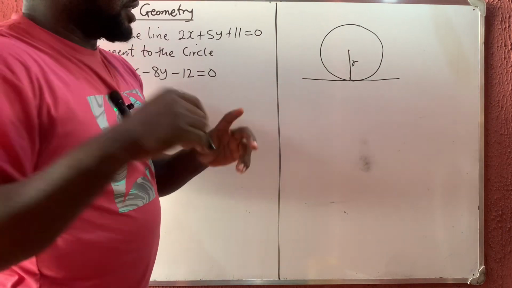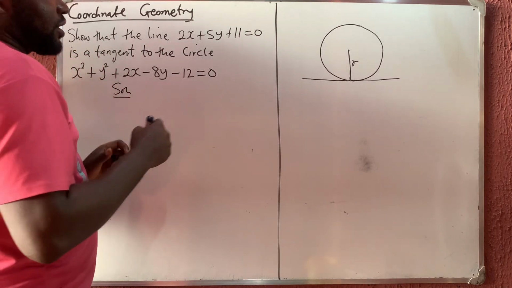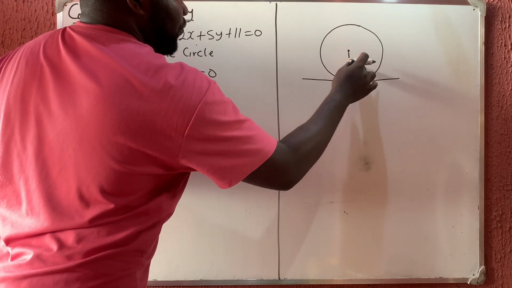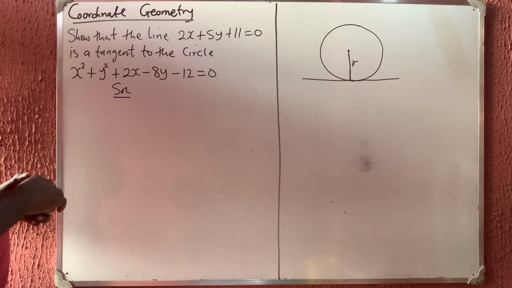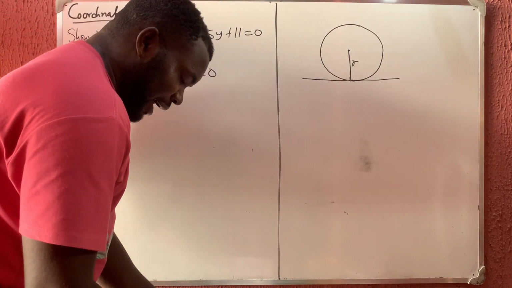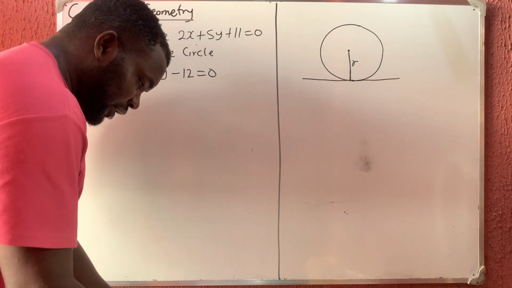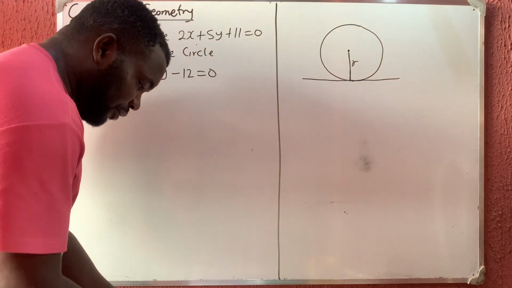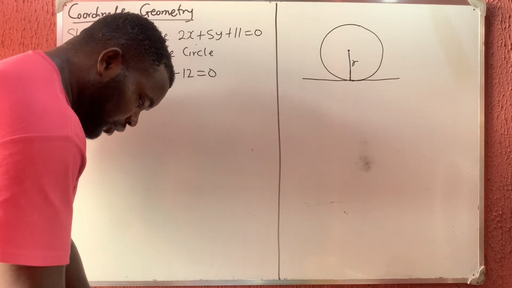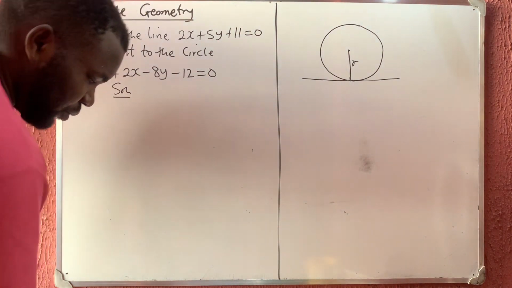If you find the distance from this point to this line, and then you find the radius of this circle, and they are the same thing, then automatically we can conclude that the line is a tangent to that circle, because the line from the center of the circle to that tangent is what we call the radius. So now let's go.